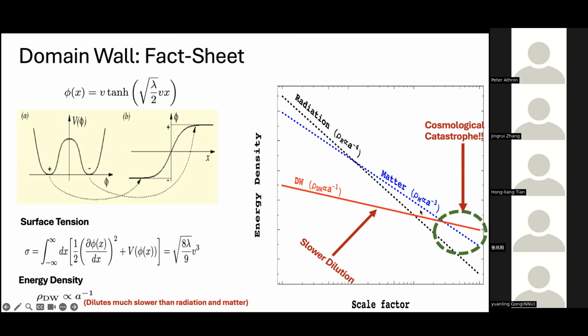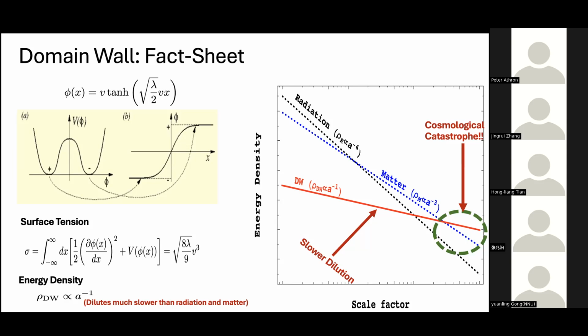One can see that there will exist a time when the energy budget of the universe will be dominated by the domain wall. This is actually a cosmological catastrophe because it might affect the fate of the CMB. So this is a problem.